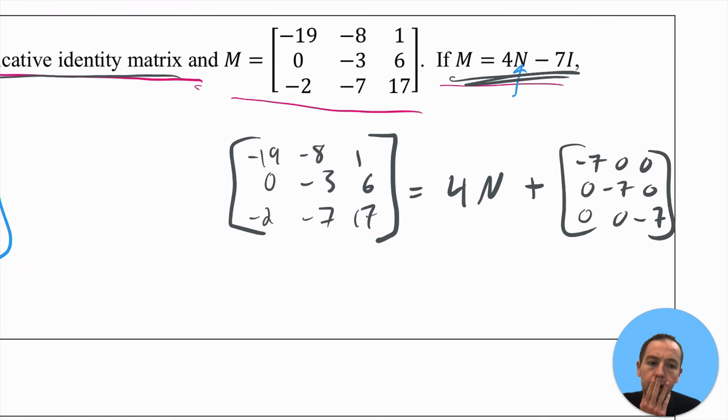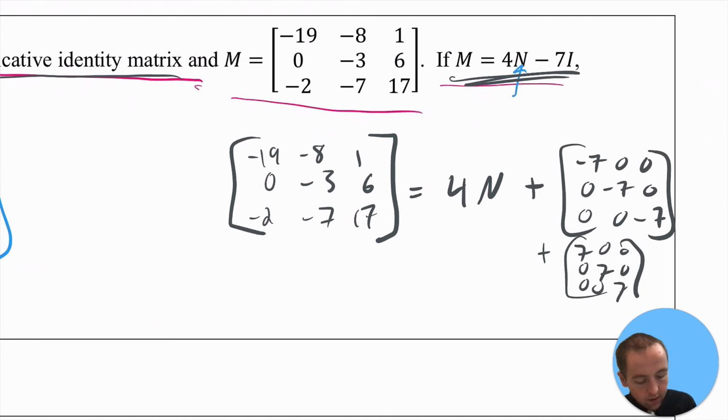So in order to solve for n, we're going to want to undo the adding of that and then divide by 4. So basically, we're going to need to subtract -7, or really just add 7 to both sides, right? So if you add 7, 7, 7, 0, 0, 0, 0, 0, 0, that matrix, then you're going to add that same matrix to the other side. So it's really just going to add 7s to the main diagonal numbers in the matrix on the left side.